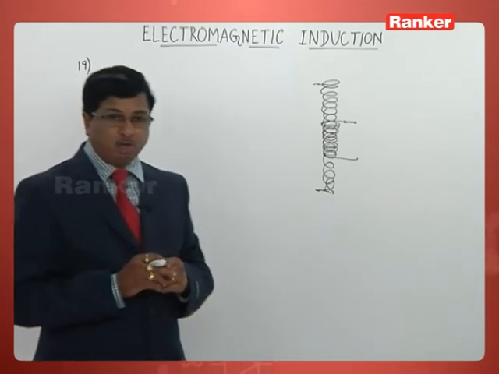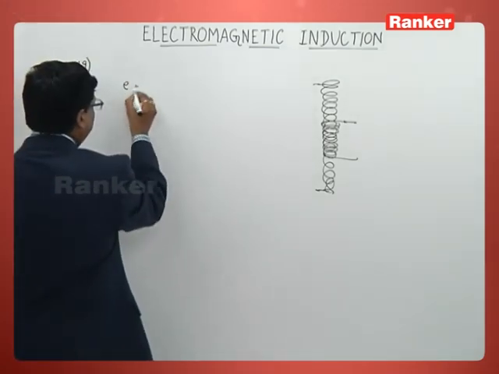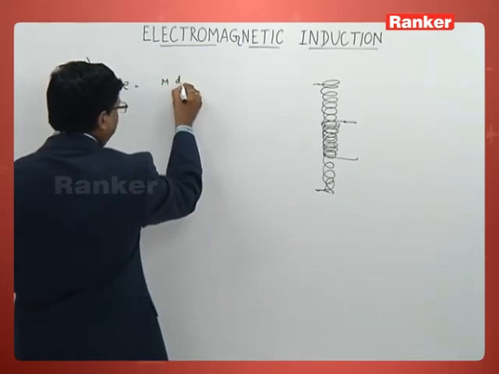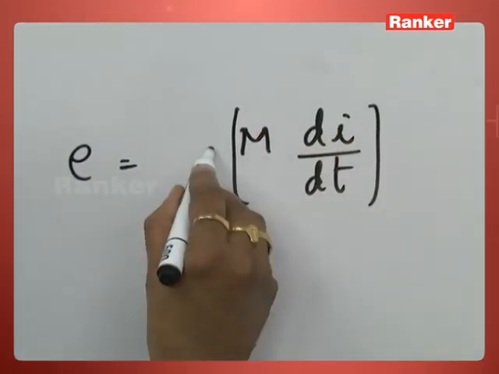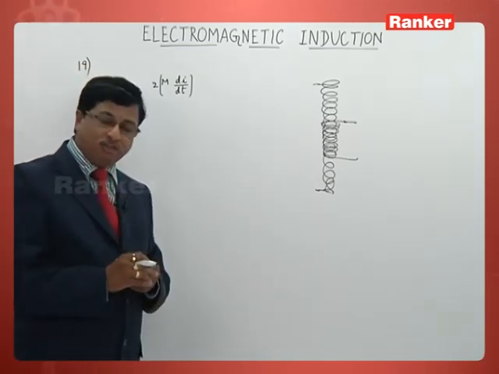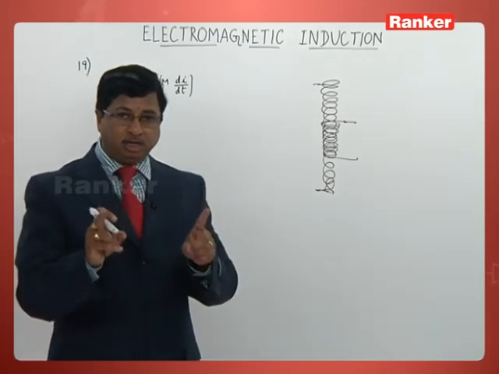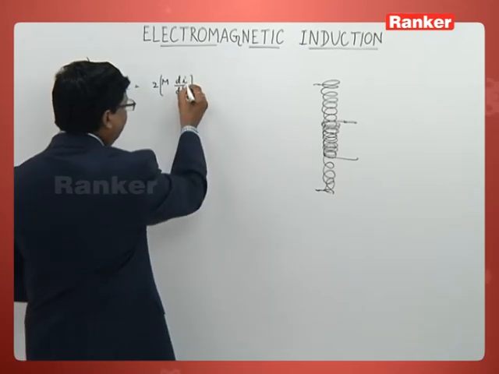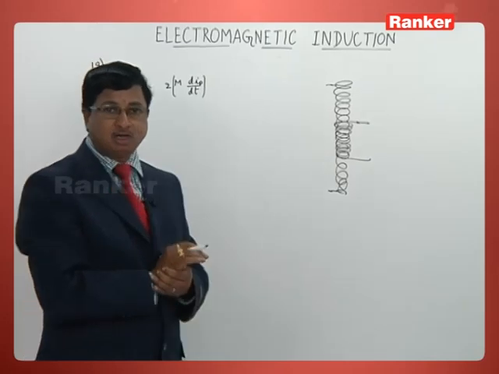So it is E is equal to M into di by dt. How many times we people have to write this one? Twice we have to write. What is the reason? Already I have given you, the current has been reversed. So we need to take this one 2 times. Which I to be taken? That is primary current, what is considered there.